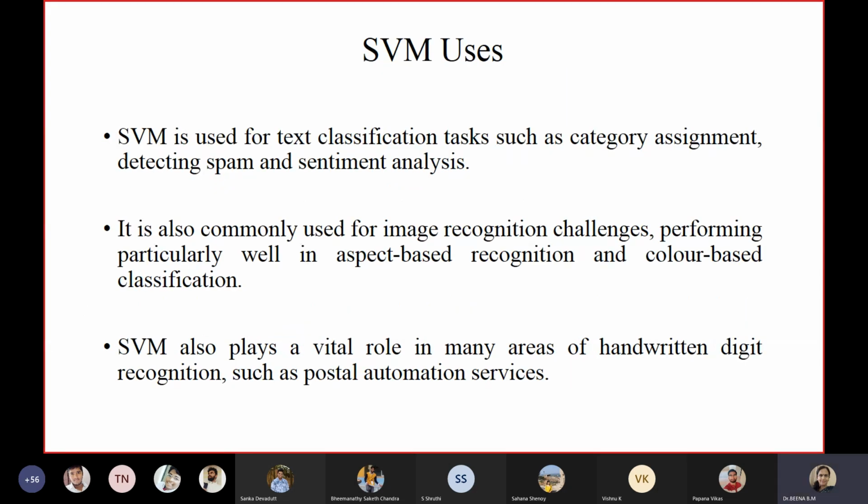SVM use cases. SVM is used for text classification such as category assignment, detecting spam, and sentiment analysis. It is commonly used for image processing techniques, image recognition challenges, performing particularly well on aspect-based recognition and color-based classification. SVM is also used for object detection. In traffic monitoring, this algorithm is used to detect different vehicles based on the image.